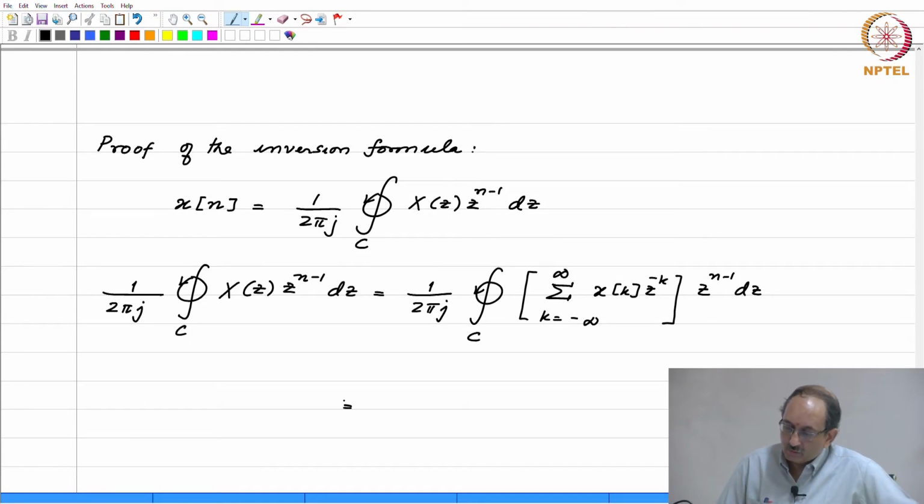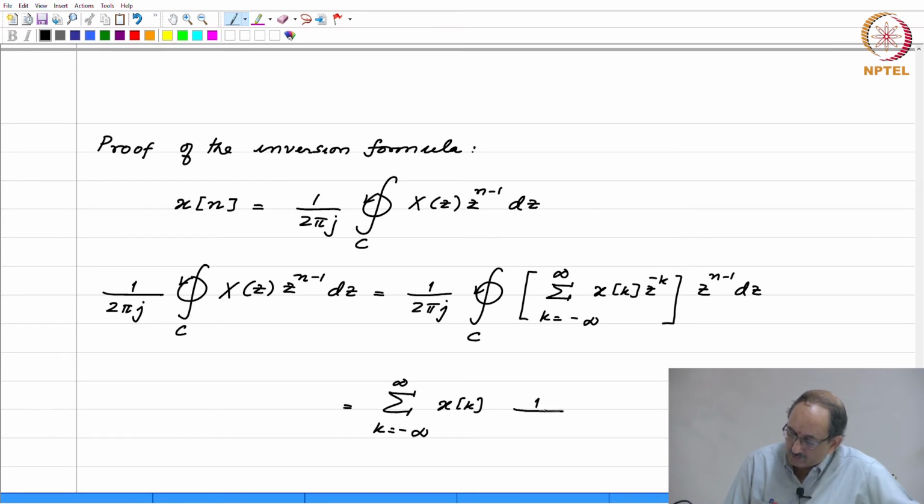Now, we will happily interchange these two limiting processes, namely the integral and the infinite summation. Therefore, this becomes sum over all k x of k, and then this is 1 over 2 pi j, this contour integral z to the n minus 1 minus k dz.